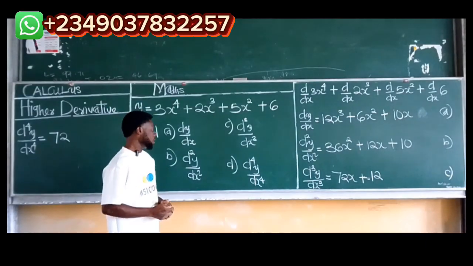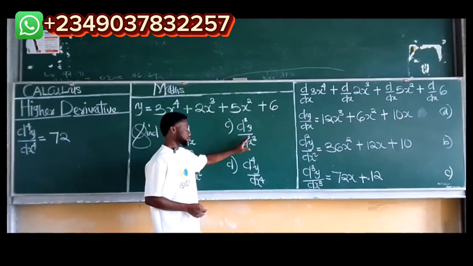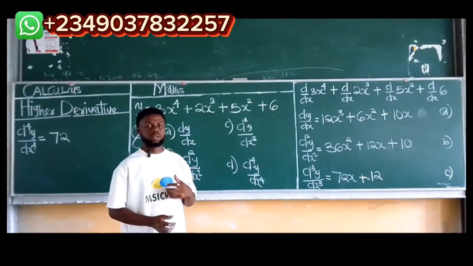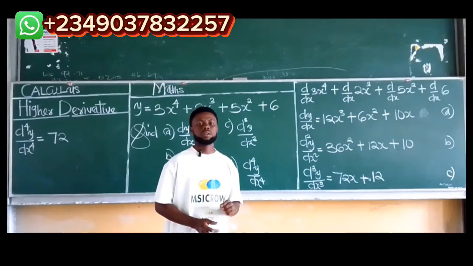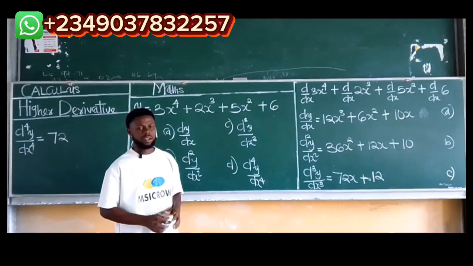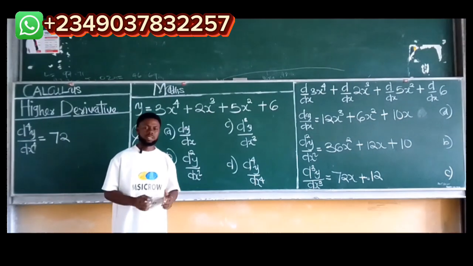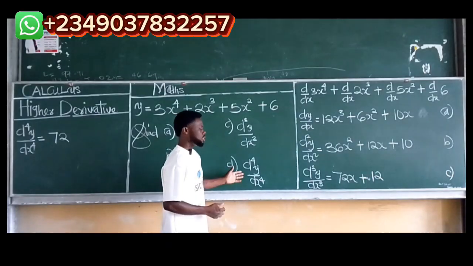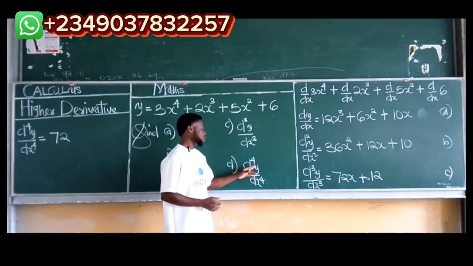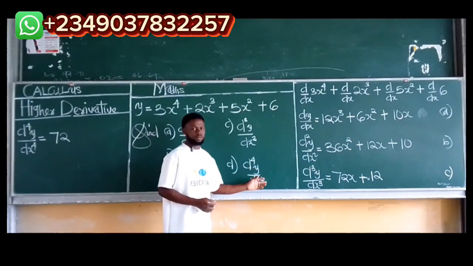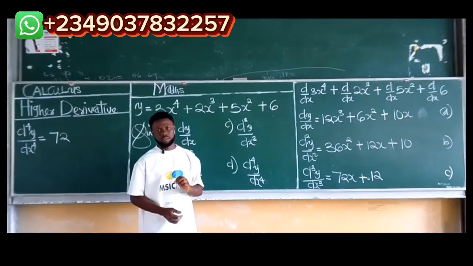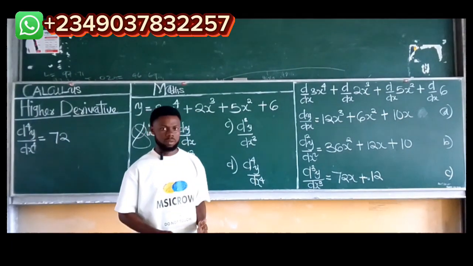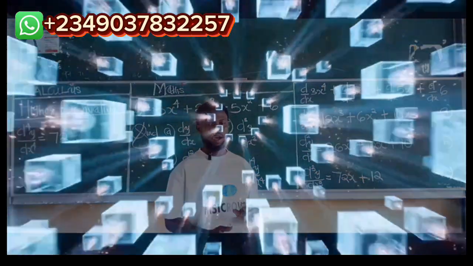Again, if you are required to determine the third derivative, all you have to do is get your first derivative, get your second derivative, then obtain your third derivative from the second derivative. That is just the concept. Also, if you are required to determine the fourth derivative, the d⁴y over dx⁴, you must obtain the first, second, and third before getting the fourth from the third one. So that is the concept in higher derivatives.